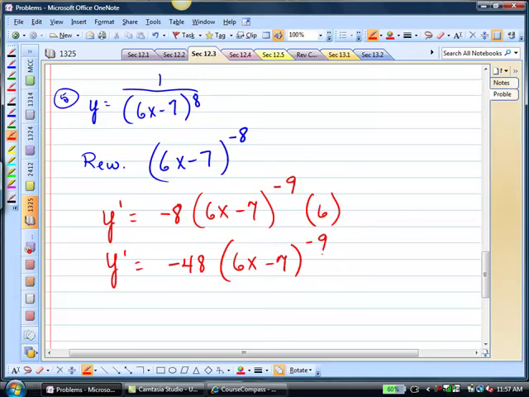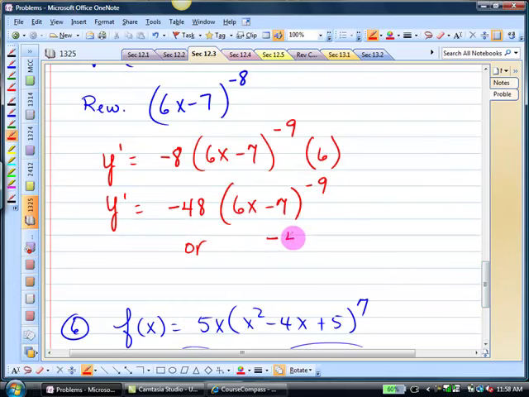And I didn't write down the answer to that. I don't know. I'll write it or: negative 48 over 6x minus 7 to the 9th. I'm not sure which one MathLab takes. Double check that.